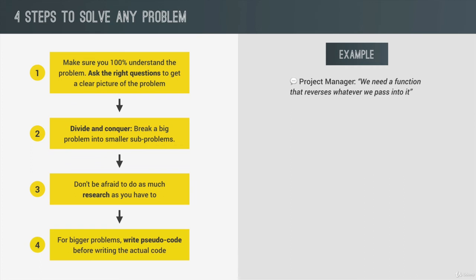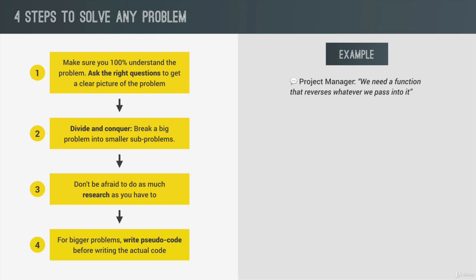Finally, in case we are trying to solve bigger problems, we should put all the previous steps together and write some so-called pseudocode before writing the actual code. And pseudocode is simply an informal description of the actual code that we're going to write. So it's like code for humans to understand, not computers.